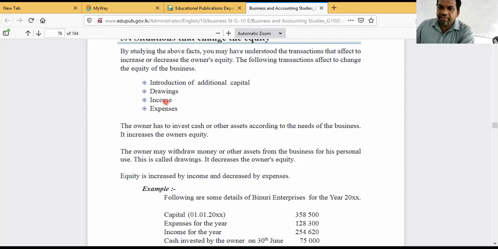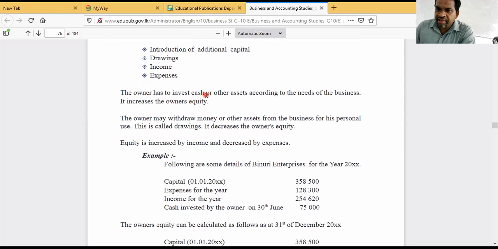The next item, expenses. You know, the way you define expenses, any decrease in equity except decrease in equity because of drawings. Therefore, if there are expenses made by a business, there will be decrease in equity.